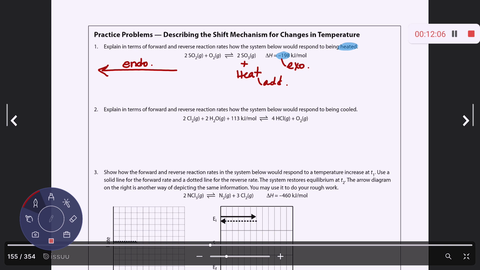Forward or reverse? Which one's the endothermic direction? The forward is exo. So the reverse is? Endo. So that means the reverse rate is the one that is going to increase more.